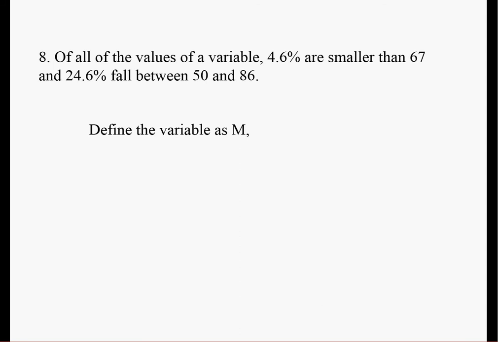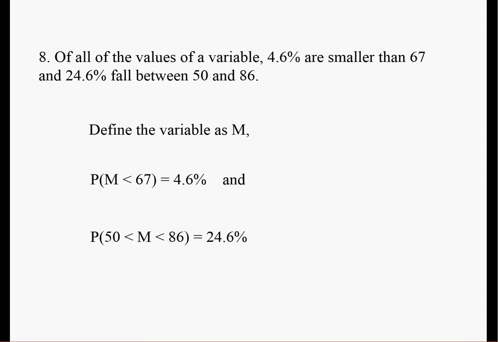So if you want to express the probability statement succinctly, you may want to introduce some definitions here. So we first define the variable as n. After this, we can use this notation in our expressions of probability to make the expression succinct.